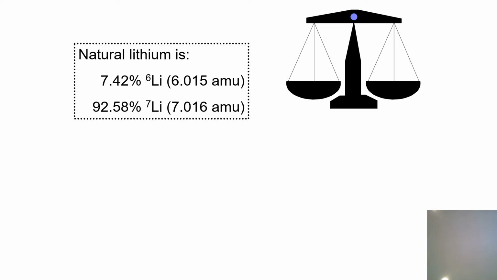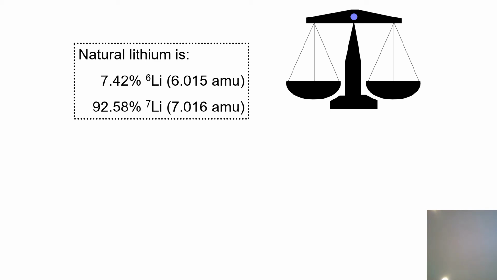We're going to take a look at lithium. It has two isotopes, Li-6 and Li-7. We're given their masses in atomic mass units and their percent abundance in nature, and we'll talk about how that's determined in a little bit.